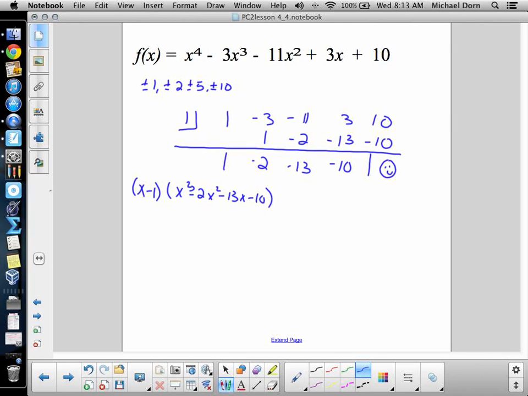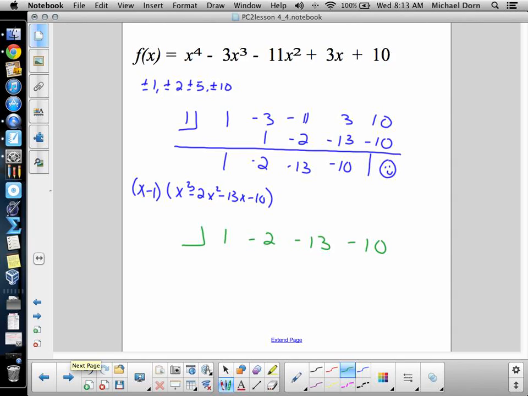It's got the same possibilities, so we're just going to use that as my new key. 1, negative 2, negative 13, negative 10. Now you have to be careful, since we're doing this polynomial, I'm no longer getting points on this function, am I, when I plug in? Because it's a different function. We're factoring a factor now. So I don't want to confuse that as actually finding points on this original function anymore.